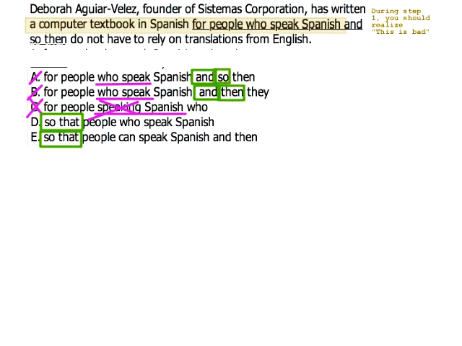Now notice, we've already eliminated A for reasons that are clear. But what we should think about for a moment is, because again we need to be precise, let's ask ourselves whether this is a precise enough conveyance of the meaning that we want.